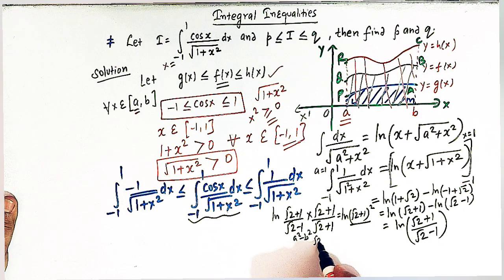So this is square root of 2 square minus 1 square, that is 2 minus 1, that is 1. So here we have simply 1.